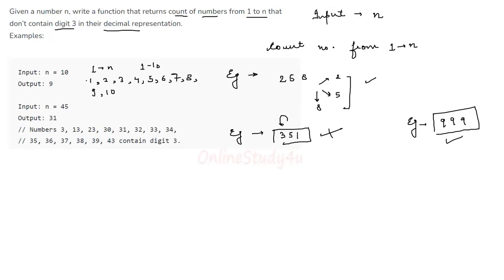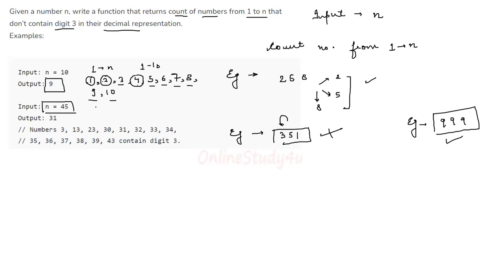So, as you can see, this will be counted, 2, then we have 4, will not count 3 because it contains digit 3. So, what was the count? 1, 2, 3, 4, 5, 6, 7, 8, 9. So, how many numbers are there? There are 9 numbers.